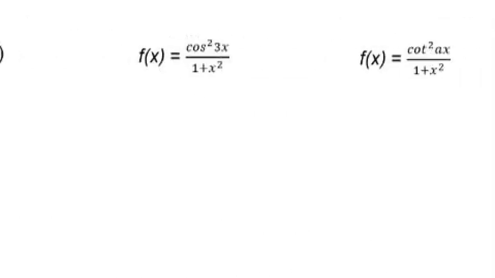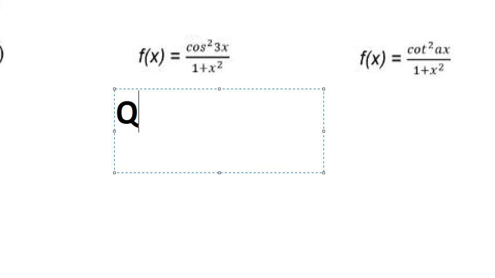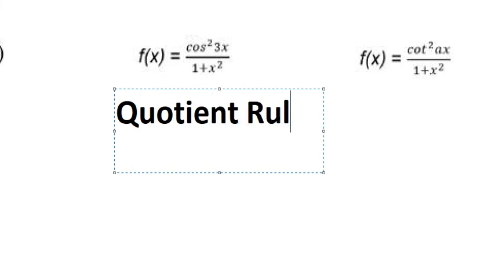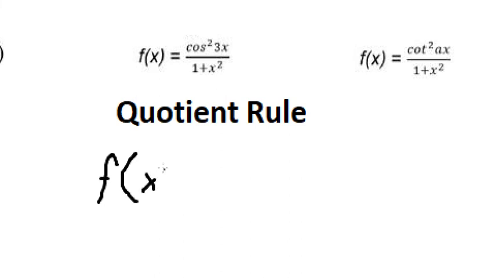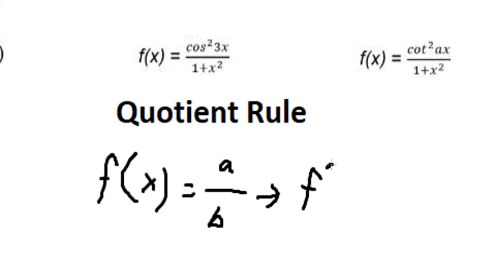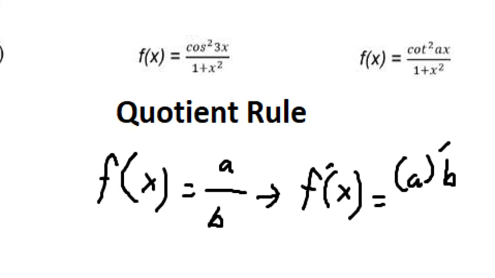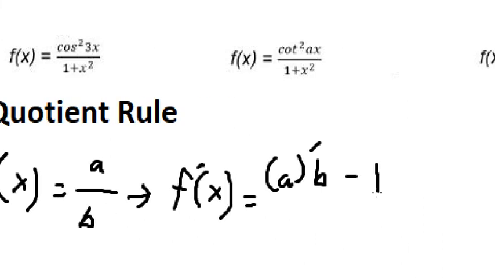This one is about quotient rule. So the quotient rule of first derivative. That's about first derivative of this one. We do first derivative of a multiplied by b minus first derivative of b multiplied by a over b squared.